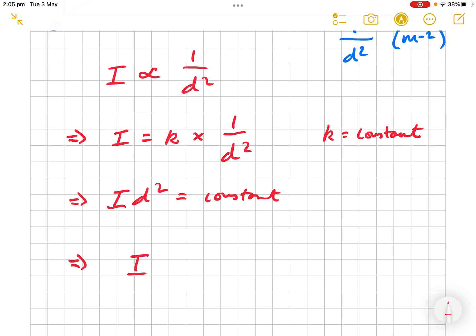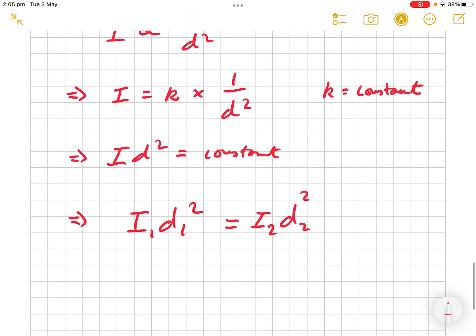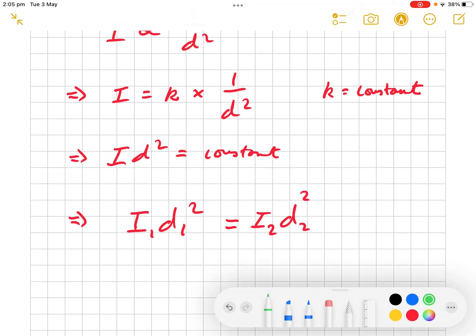And what we usually do is we usually say, okay, so let's imagine we have I1 d1 squared, so it's a particular distance d1 from the light source. And at that particular distance, you'll get a particular irradiance I1. But if you then move to a new distance, you'll get a new irradiance. And that new irradiance, I'll call I2, will always equal the new distance d2 squared.